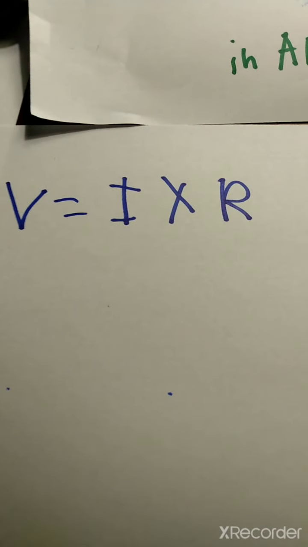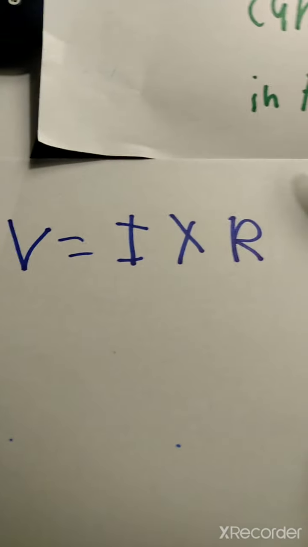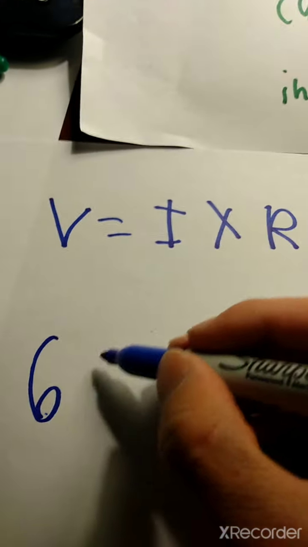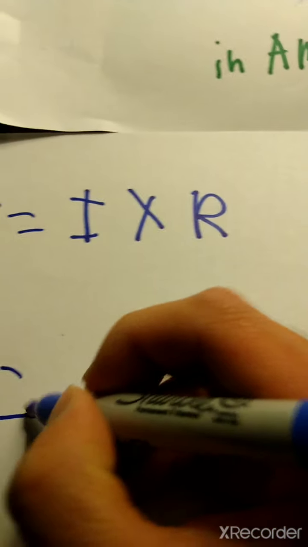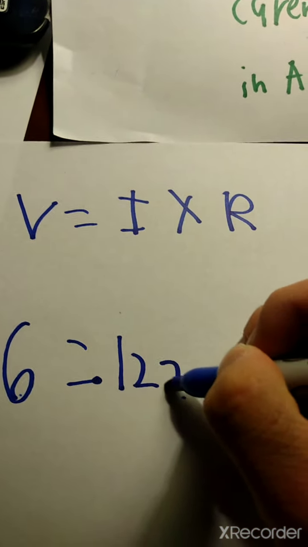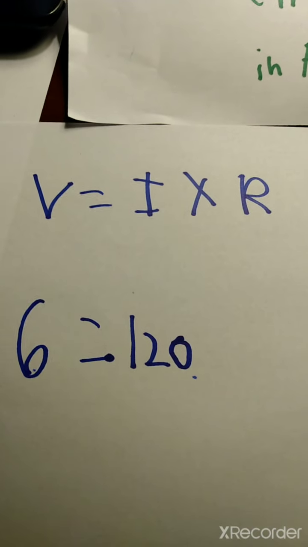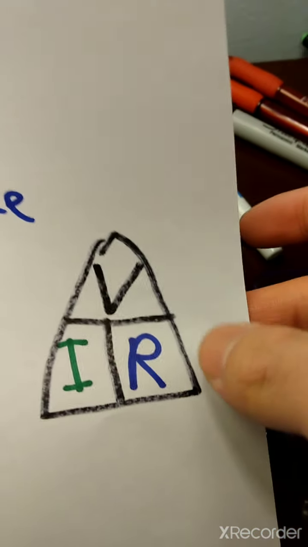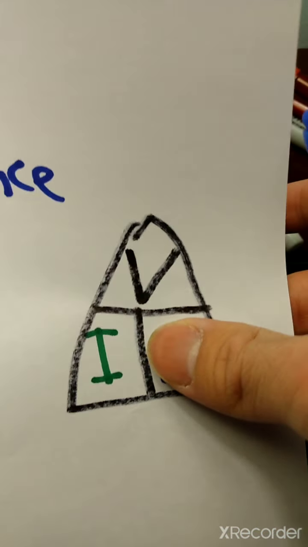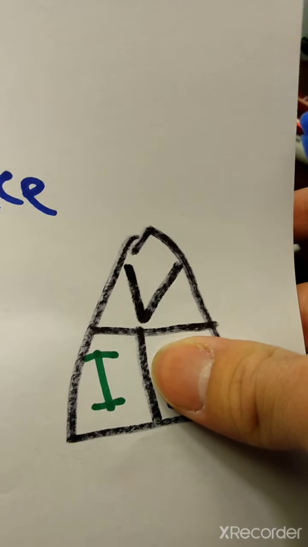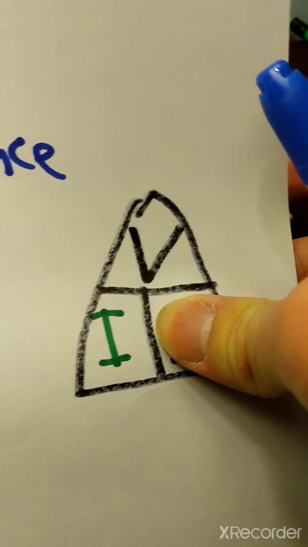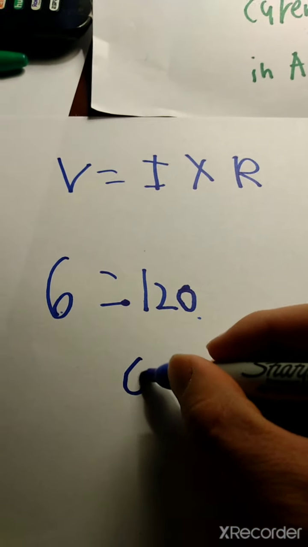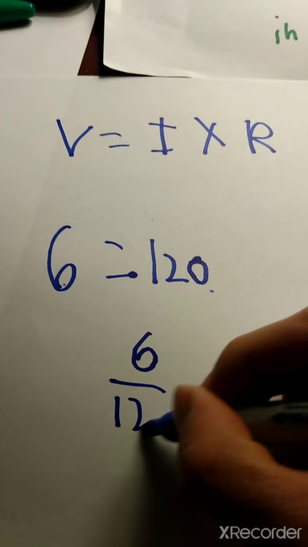The last scenario is the question gives you the voltage, which is a 6-volt battery, and the question also gives you how many amps there are. So pretty much on the triangle, it helps us visualize. We don't know what the resistance is, so we have to take that out. We have to do voltage, which is V, divided by current, which is I. So pretty much, we have to do 6 divided by 120.